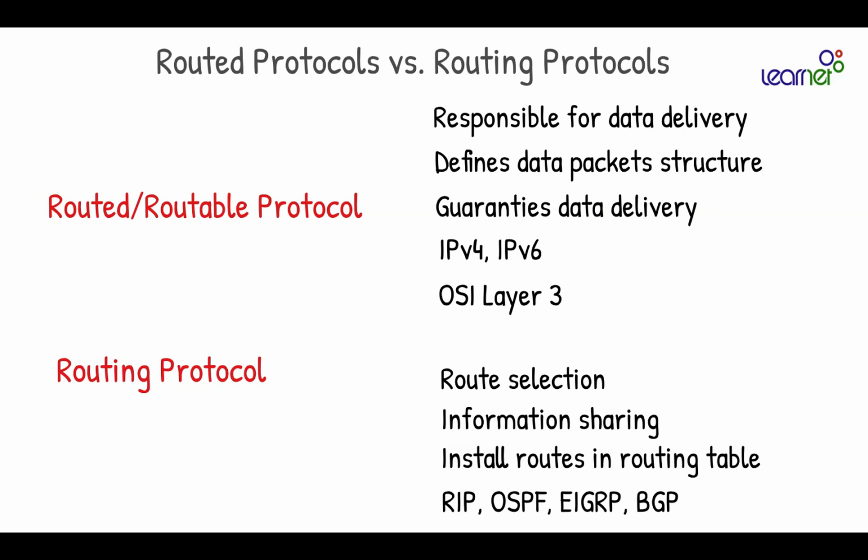A simple way to think about this is that routed protocols handle the what, the data that needs to be delivered, while routing protocols handle the how, getting the data there efficiently and reliably. These two work together to ensure that data flows smoothly and efficiently across networks, even in complex environments.